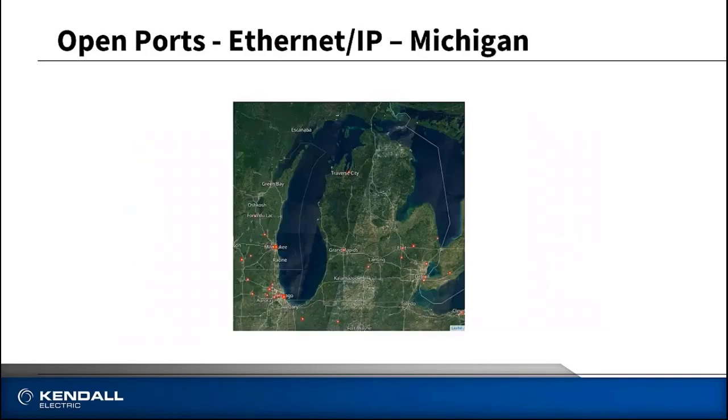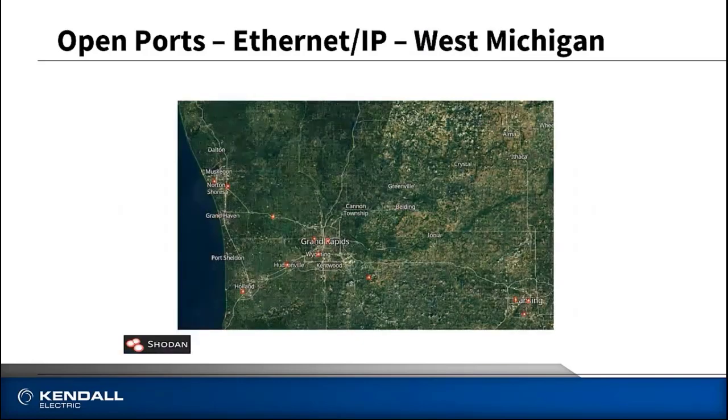Now, when I zoom in a little bit further, we can see a map of what those open ports look like for Michigan, and moving forward, what they look like in Grand Rapids and surrounding areas. Just because I currently have 3 red dots in Grand Rapids does not mean that if I were to look at it in real time today, I would have those same red dots.